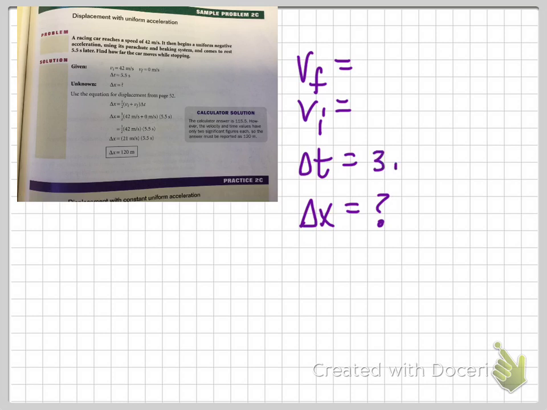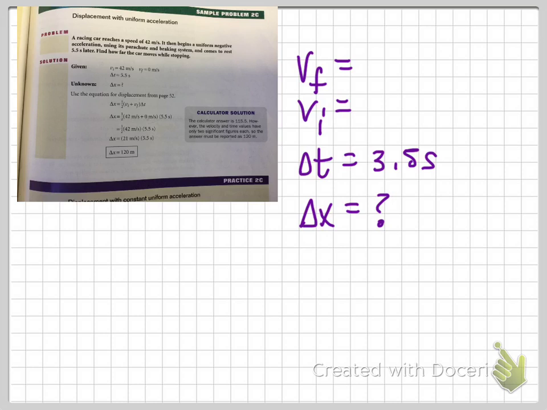So, of course, we are going to list our variables, vf, vi, delta t, and delta x. And what are we looking for? Delta x. So we have a time of 3.5 seconds.